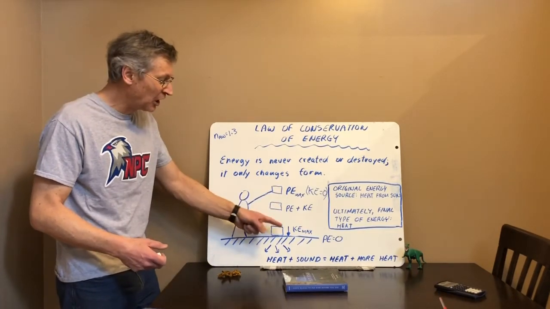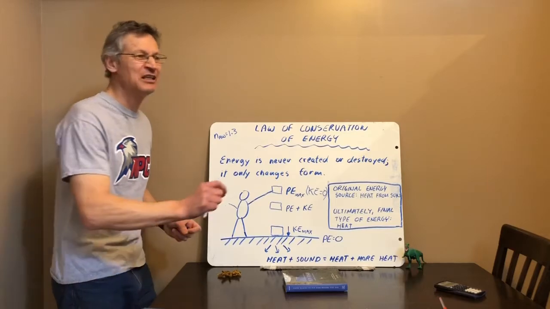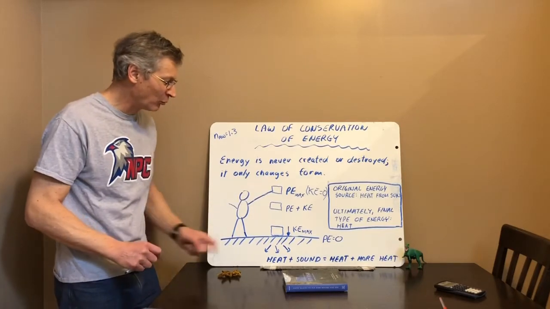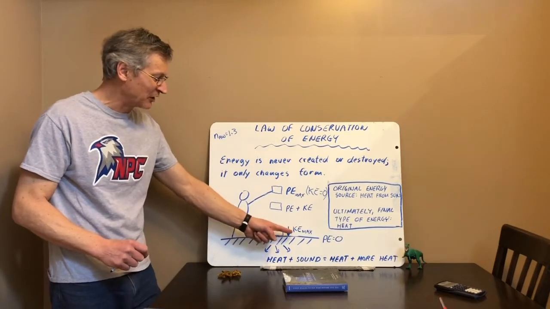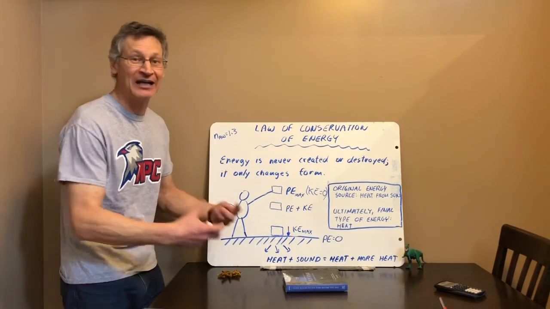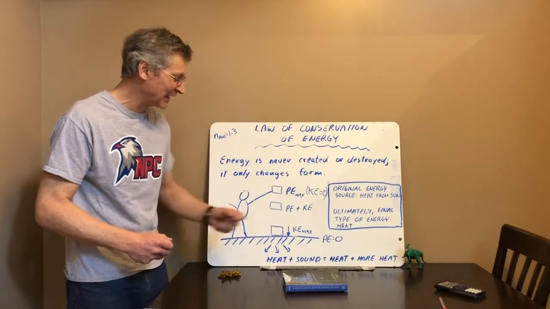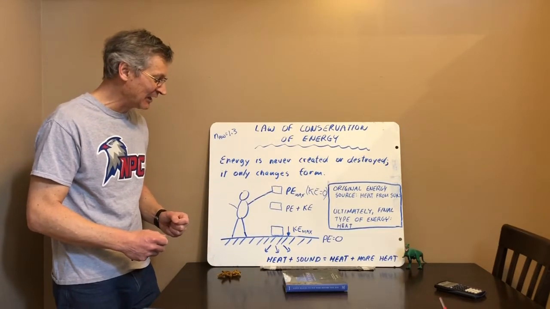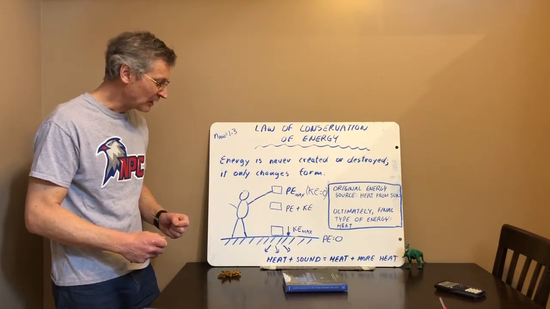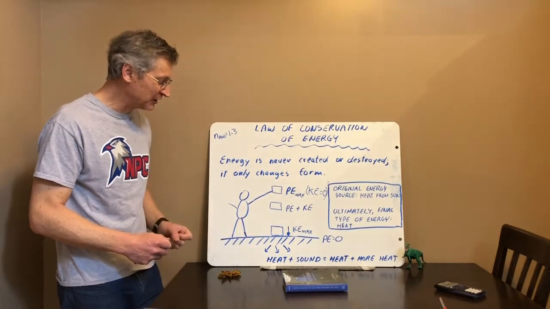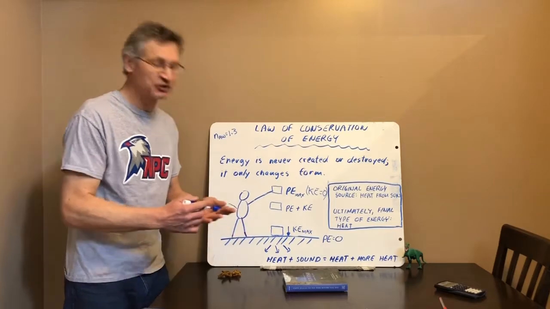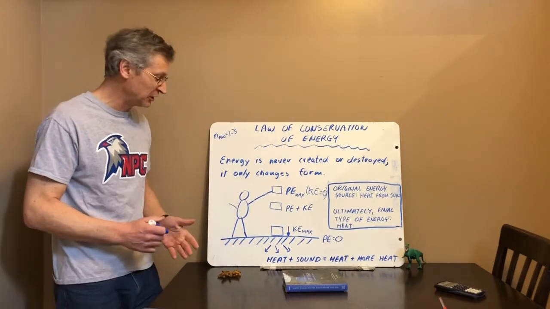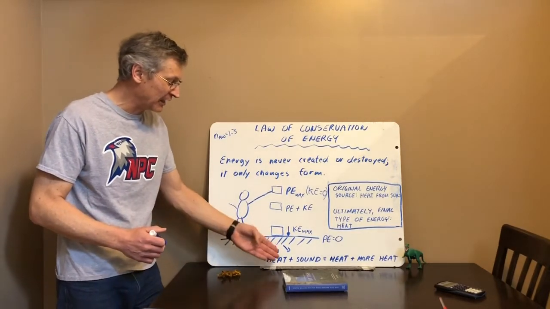And of course, just before it hits, when it's an infinitesimal distance off the ground, it's got no potential energy, it's got nothing but kinetic energy, it's going as fast as it's ever going to go, its kinetic energy is at a maximum. And of course, once it hits the ground, the kinetic energy doesn't just disappear, it's got to change into something, and what it changes into is heat and sound.